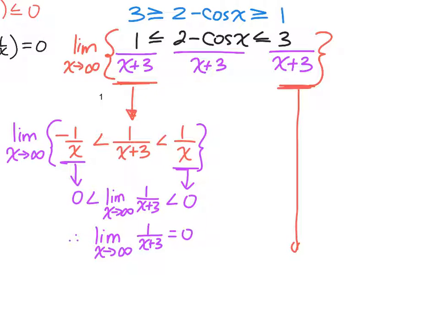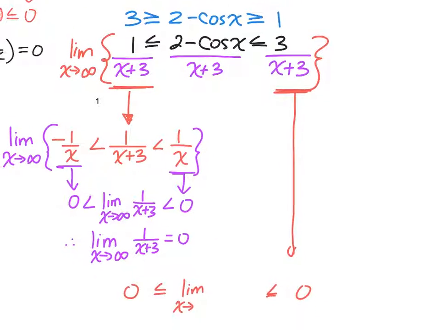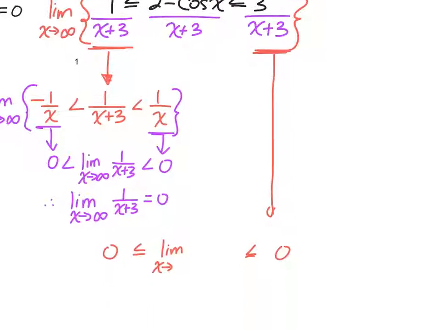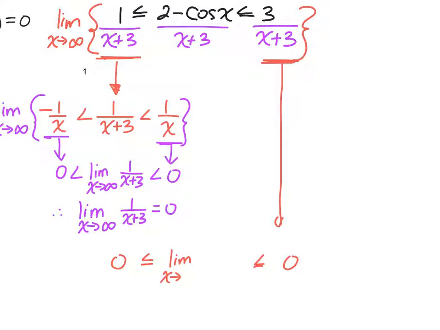So these are our justifications for saying that on the low ends we have 0. And so this limit of the whole shebang, 2 minus x, cosine x over x plus 3, is going to be equal to 0.